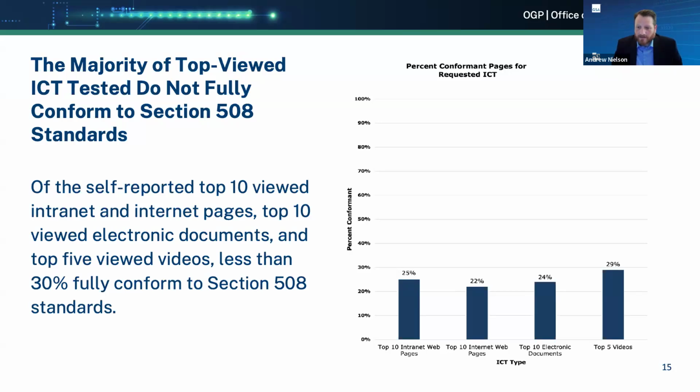Another point to demonstrate the room for improvement, we also asked agencies to report on the conformance of their top viewed or most viewed information: web pages, electronic documents, and videos.